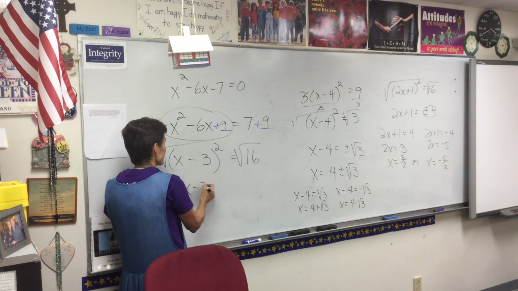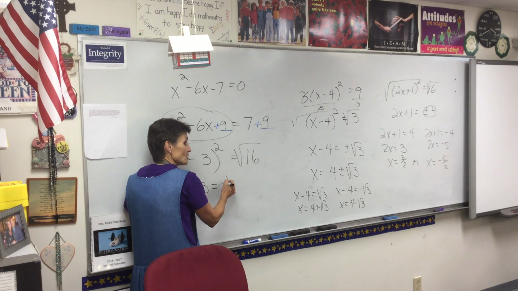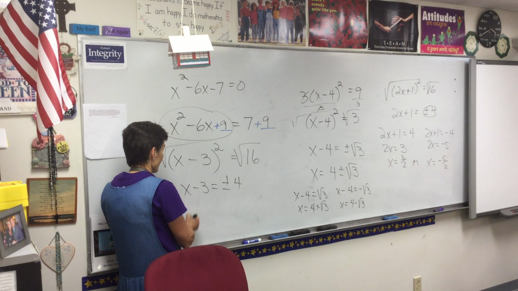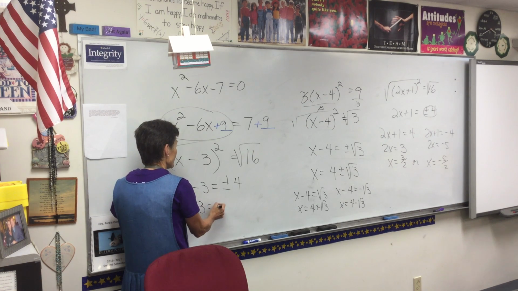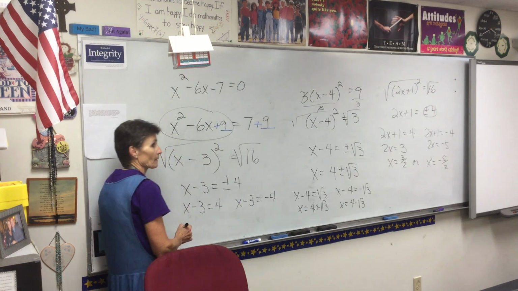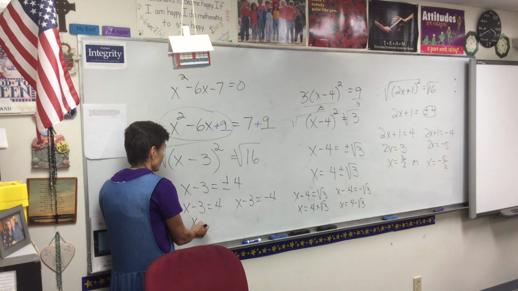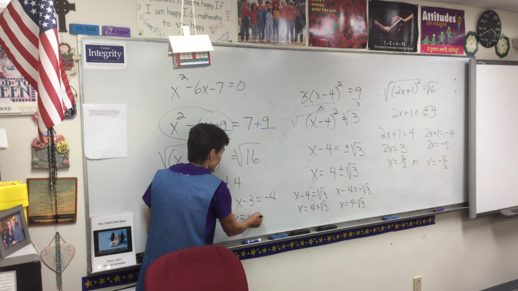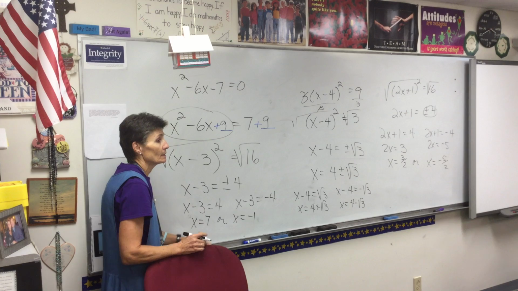So x minus 3 equals plus or minus 4. So x minus 3 equals 4, or x minus 3 equals -4. So x equals 7, or x equals -1.